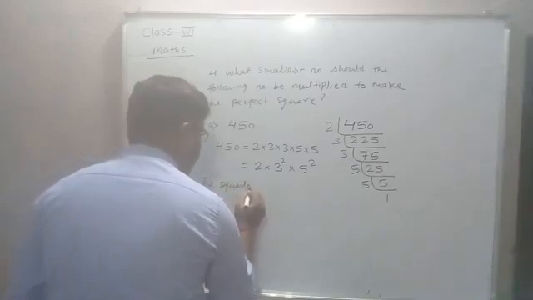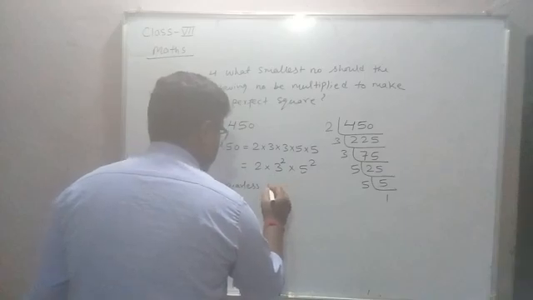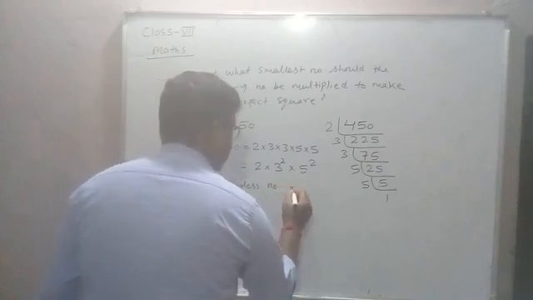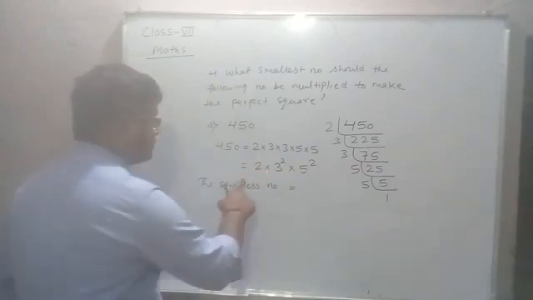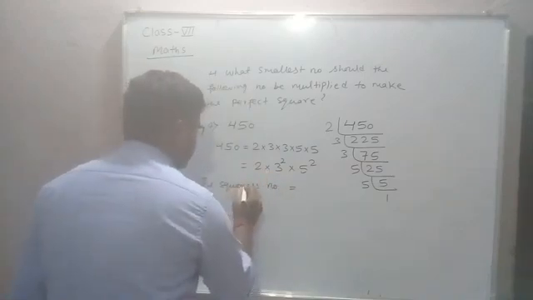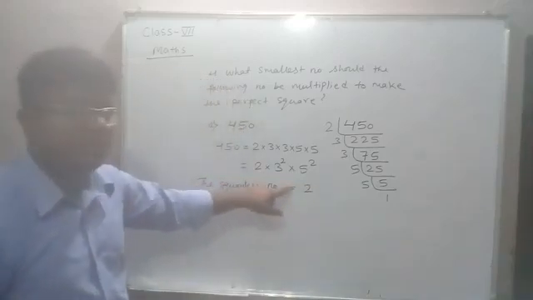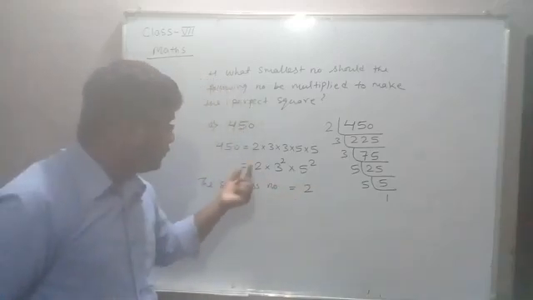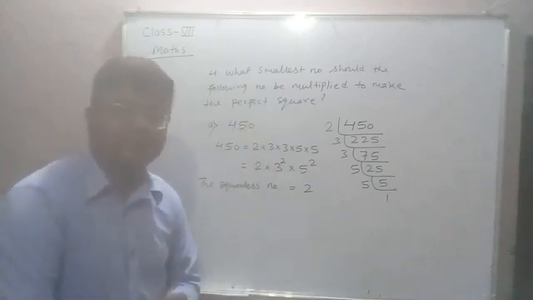How many squareless numbers are here? Only one, that is 2. If we can make it also a square, then 450 will be a perfect square.